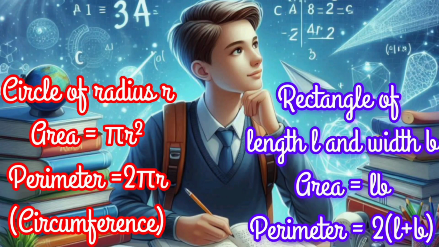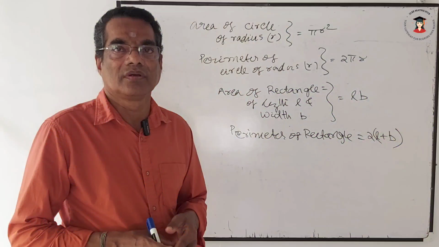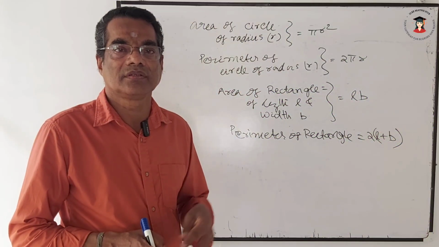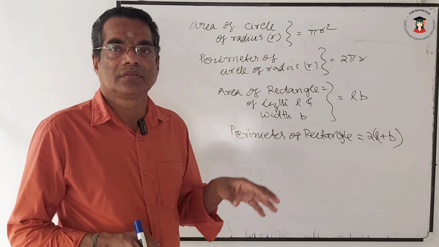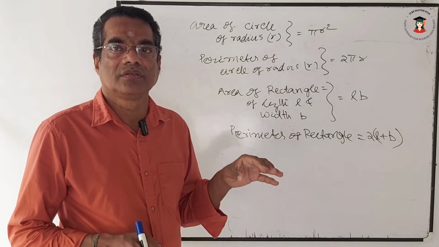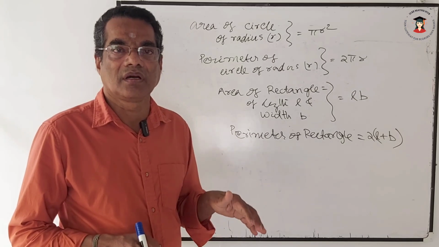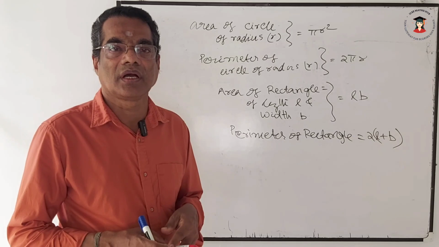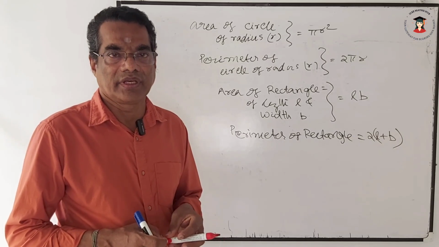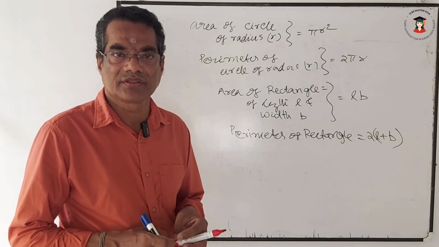The area of a rectangle is L into B and the perimeter of a rectangle is 2 into L plus B. Now we take the solids one by one. The solids we are discussing are cylinder, cone, and sphere. Hemisphere is also included.